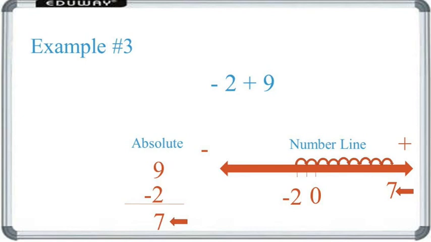We started 2 over, so we have to see where we are. This is 1, 2, 3, 4, 5, 6, 7, and we end at 7. So the answer with the number line method is also 7.